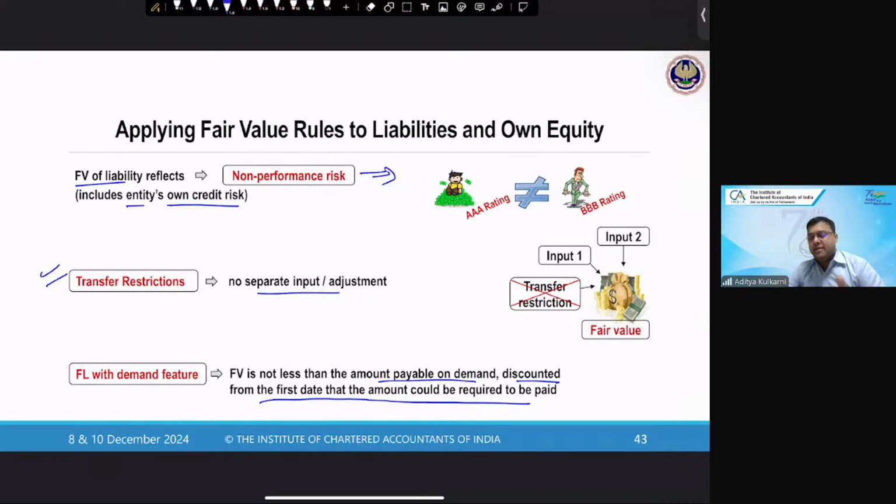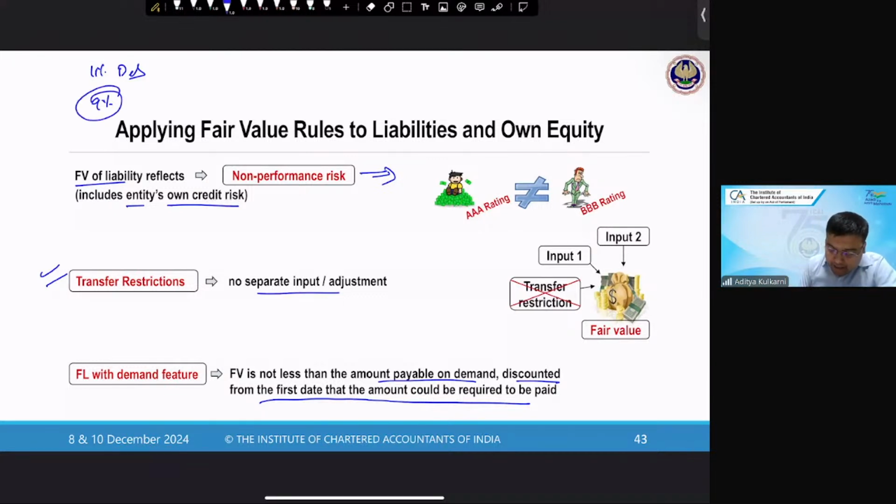Because what can happen is, let me tell you, you have issued a debenture with a particular rate of interest. But by virtue of your credit rating, what should have been your interest becomes the fair value, in today's terms. So suppose I have issued 11% debentures, but actually for a company of my rating, the interest should have been 9% because of a very favorable CIBIL score.